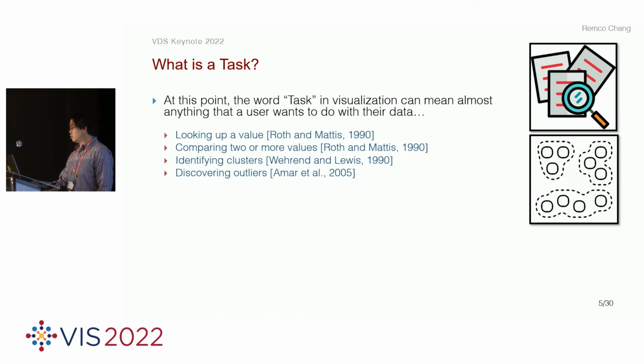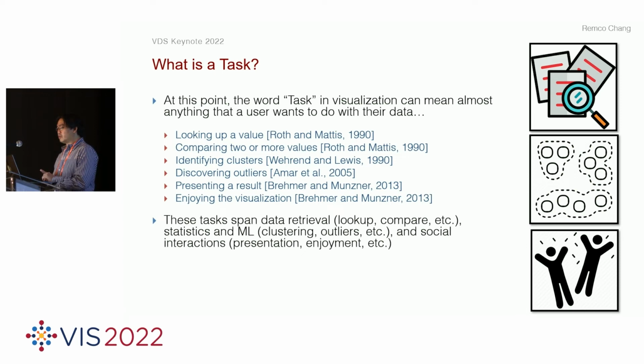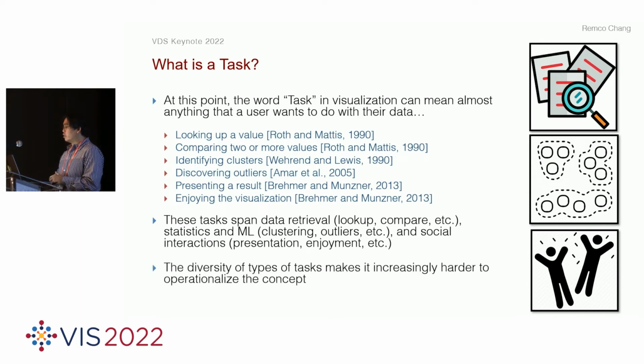Discovering outliers, that's Amar, Egan, and Stasko in 2005. And more recently, Matt Brehmer and Tamara Munzner added on top of these tasks to include presentation of results and joining and visualization. Altogether, these tasks now span data retrieval, statistics and machine learning, and now social interactions. Right? So now the diversity of these tasks makes it increasingly harder to operationalize the concept.